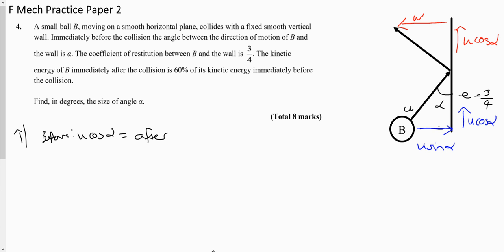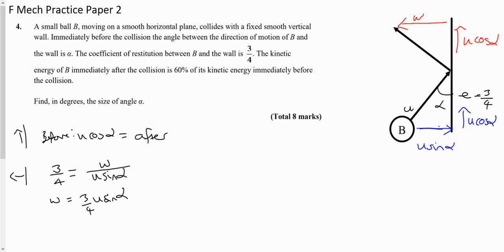Okay, so then we look at perpendicular to the wall. Try to keep my diagrams the same. Now we're looking perpendicular to the wall, and this is where our coefficient of restitution is going to come in. So we know that e is the speed of separation over the speed of approach. The wall doesn't move, so the only thing with speed is the ball, and I've called that W. So that means that W is 3/4 u sine alpha.